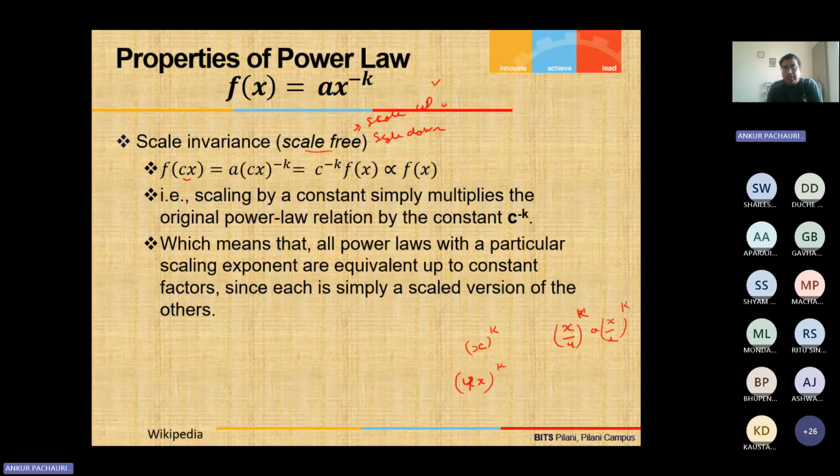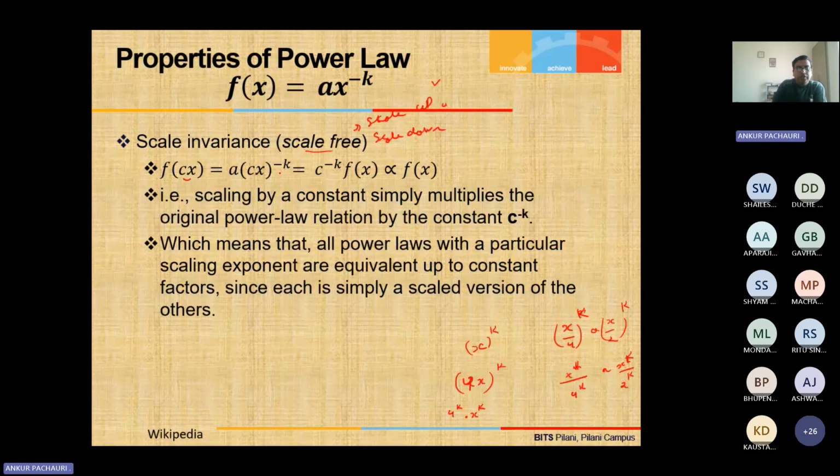Ultimately, what does it mean? If you open it up, it will be something like this: 4 to the power k into x to the power k. This k is a constant. Or if it is scaled down, x to the power k upon 4 to the power k. Or if it is half, then x to the power k by 2 to the power k.